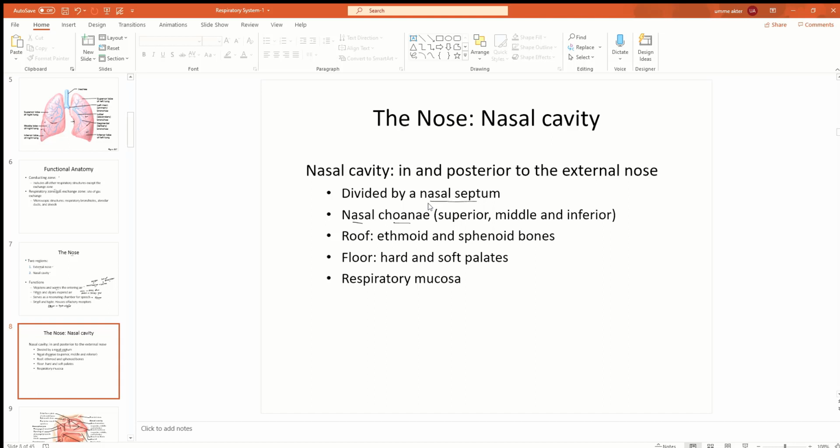Okay, this spelling is wrong. Let me see. Nasal concha: superior, middle, inferior. We also say concha or conchae. Three on each side, in the lateral wall, like this.